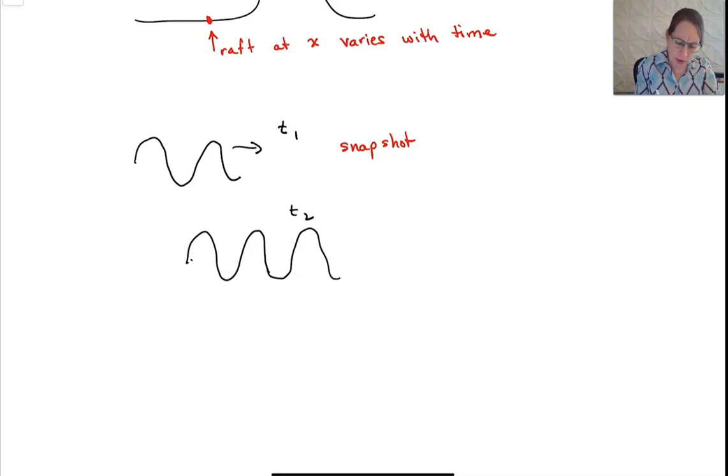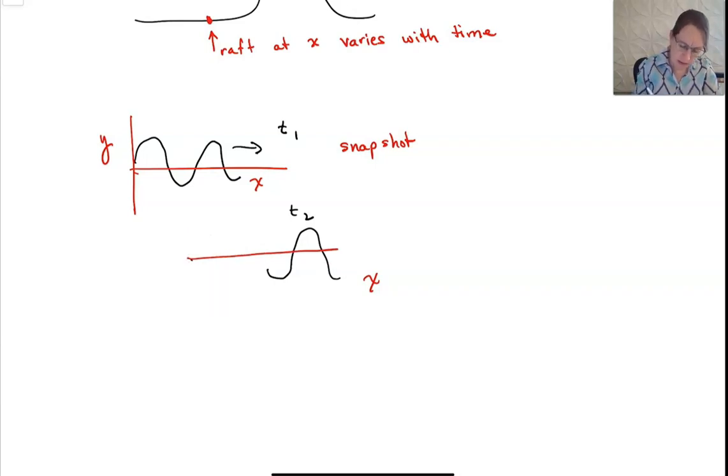And so what we do is we describe this by saying the y position, this is the snapshot, this is y versus x, right? And this is y versus x, oh, sorry, my x is not in the middle, y versus x at a time later on. There. So we have this, it has traveled on.